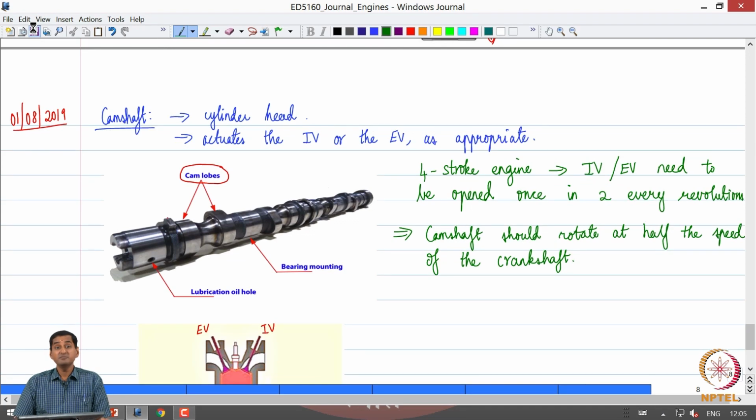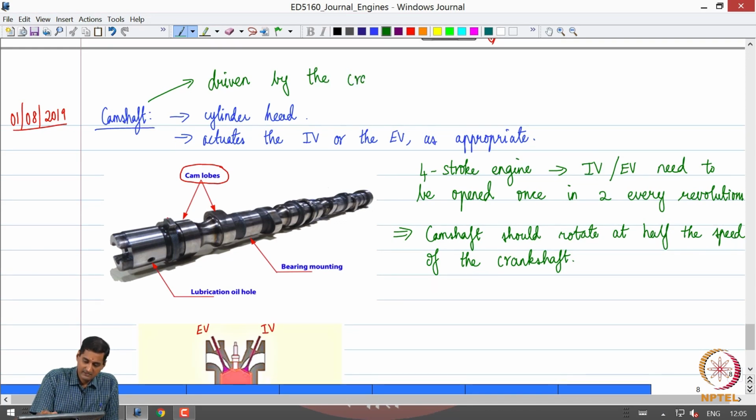Now how is this camshaft rotated? Obviously the camshaft is rotated by the energy that is provided by the crankshaft, okay. So the camshaft is driven by the crankshaft. And how is it driven?